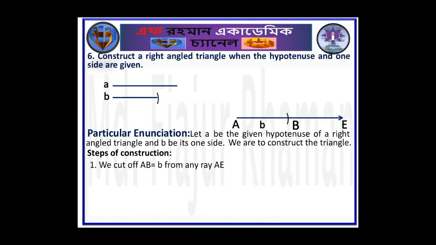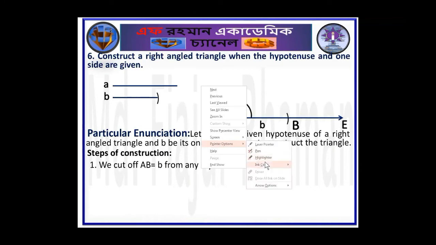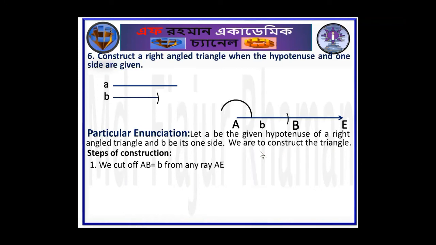Since we will draw a right angle triangle, a perpendicular line should be drawn at the point A. To draw a perpendicular line, we draw an arc, and from this point we draw another arc of the same radius, and from this point another arc of the same radius, and from these two points we draw two arcs.